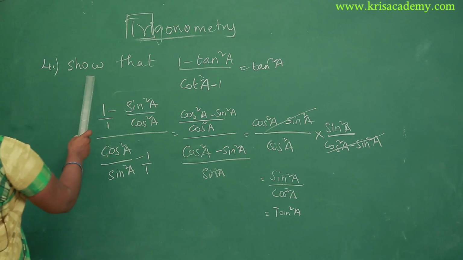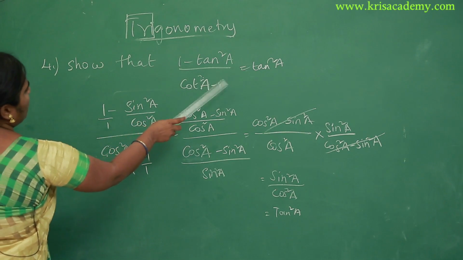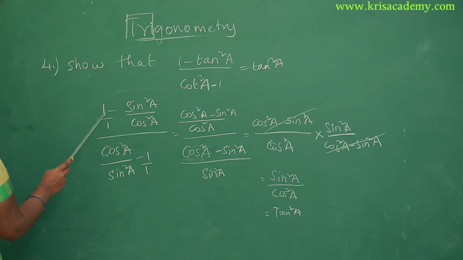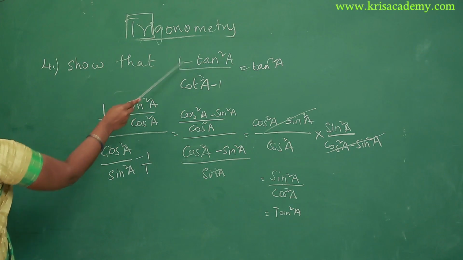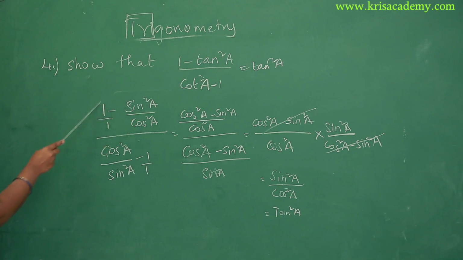Now fourth problem, show that (1 minus tan square a) by (cot square a minus 1) is equal to tan square a. So now take LHS, 1 minus tan square a. We already know the trigonometric ratio: sin square a by cos square a. Cot square a, we will write it as cos square a by sin square a.